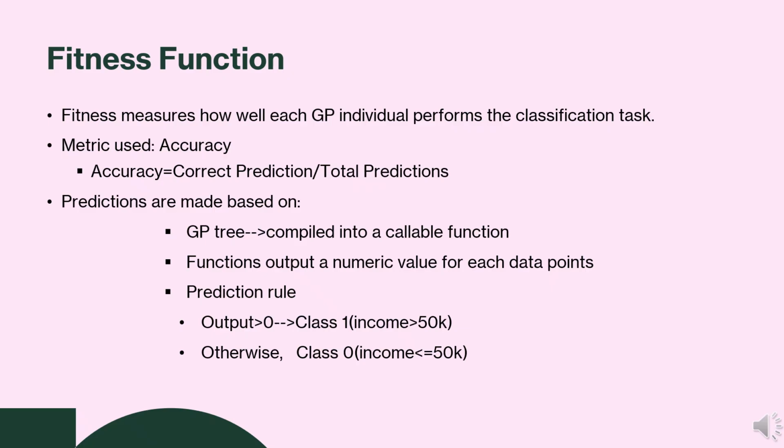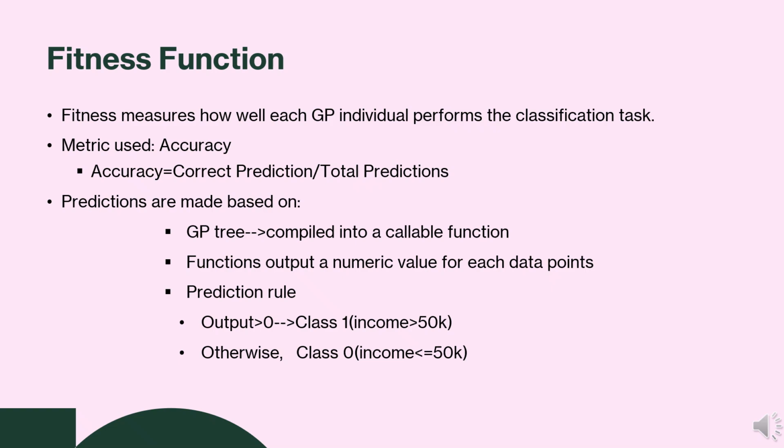After generating all predictions, we calculate accuracy using the equation: accuracy is equal to correct predictions divided by total predictions. This accuracy becomes the fitness score of each GP individual. By using this fitness function, we encourage the algorithm to evolve individuals that separate the two income classes more effectively.